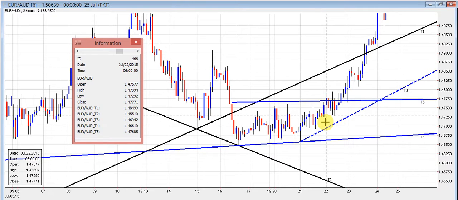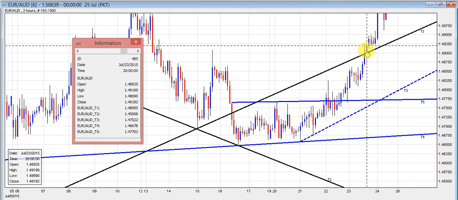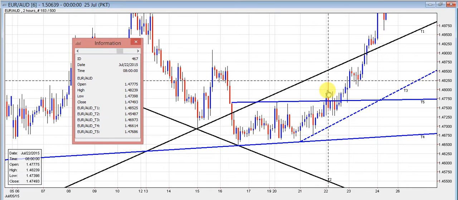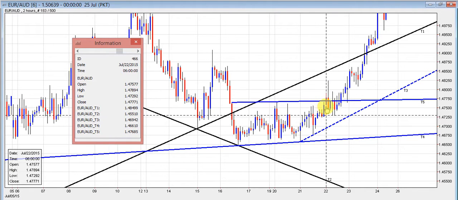Apparently, the level T5 was 47.68. So let's say a break of 47.68 means I would have gone in by 4 or 5 pips on the higher side, 70.72, and looking for this target. Basically, I was on the buyer side on this break, so it broke, but not before it spiked lower at the same time.